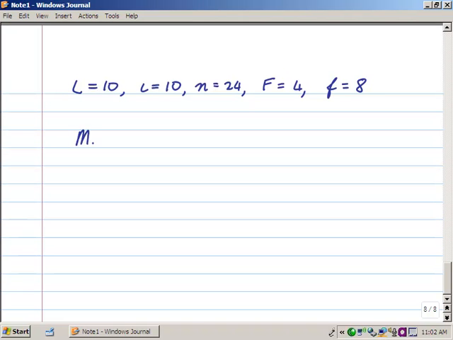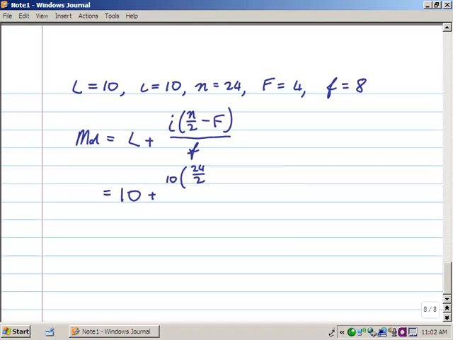Alright, so now let's write down our formula for the median. L plus i, n on 2 minus F, that's capital F, divided by little f. Alright, so L is 10 plus i of 10, n on 2 is 24 divided by 2 minus capital F of 4 divided by little f of 8.